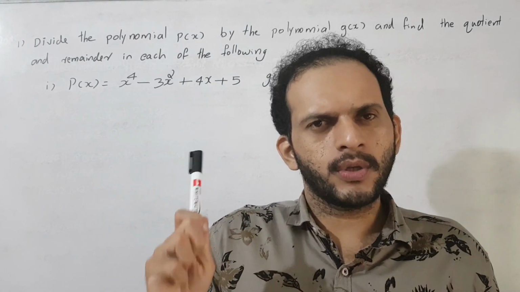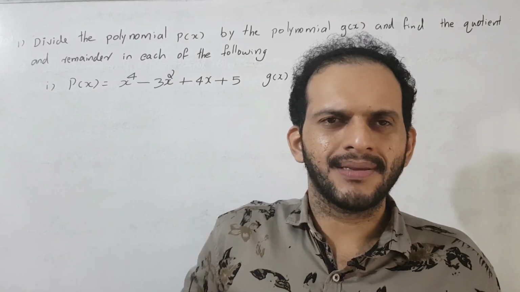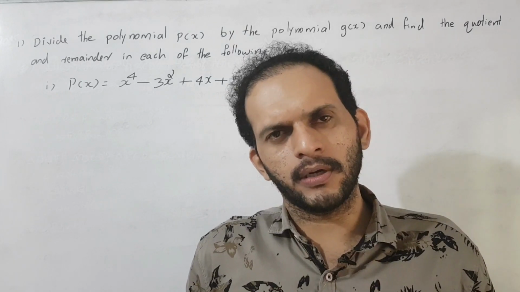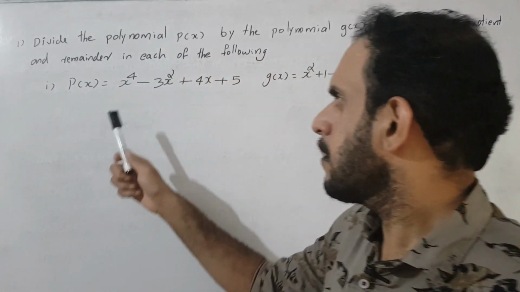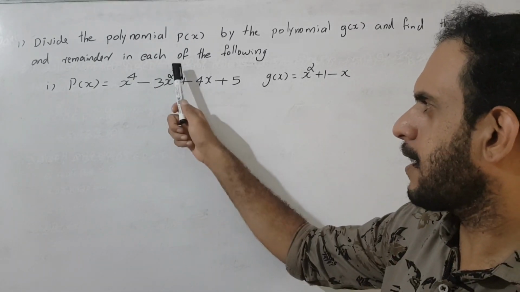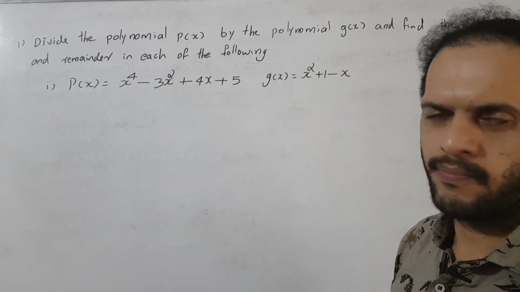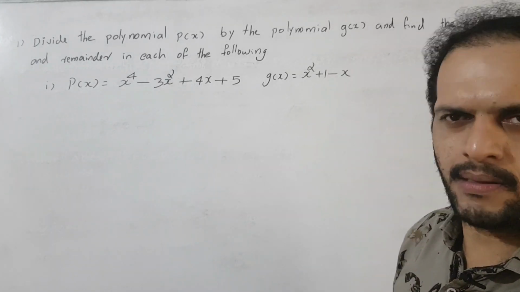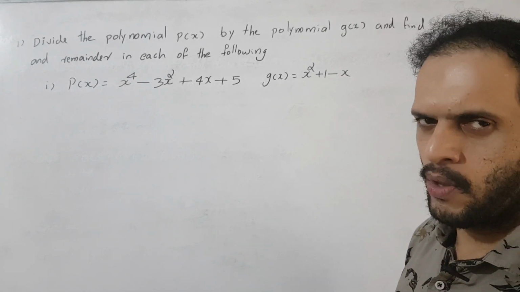So before dividing, we first check whether the polynomials are in the general or standard form. p of x is x raised to 4, then the x cube term, then 3x square plus 4x plus 5. Here the x cube term is missing.